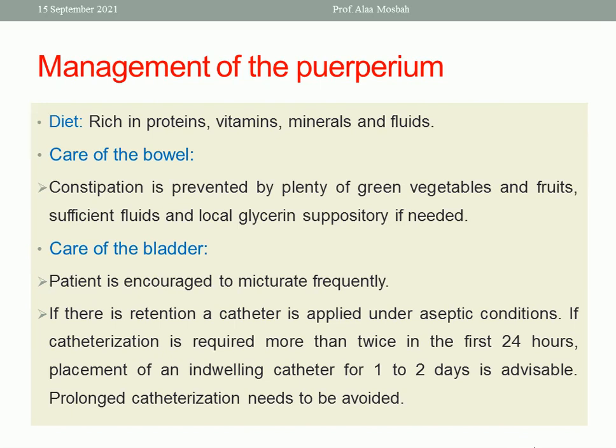Care of the bladder, you should encourage your patient to micturate frequently. If there is a retention, a catheter is applied under aseptic conditions. But if you need to catheterize the patient more than twice in the first 24 hours, you should place an indwelling catheter, Foley's catheter, for 1 to 2 days.